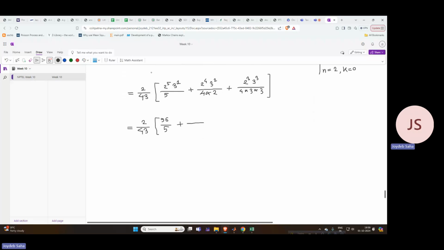Okay, we can cut it, right? 8 means we get 9 cross 2, 18, plus, and here 2 square will be cut out, so 2 cross 3, 6.